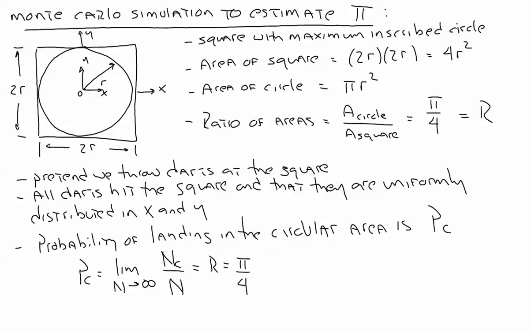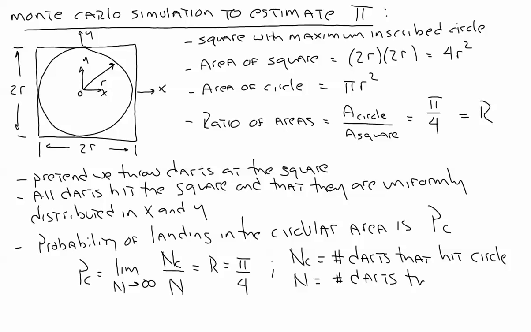N sub c equals the number of darts that hit the circle. N, capital N, is the total number of darts thrown. So then, let's jump to the next page.